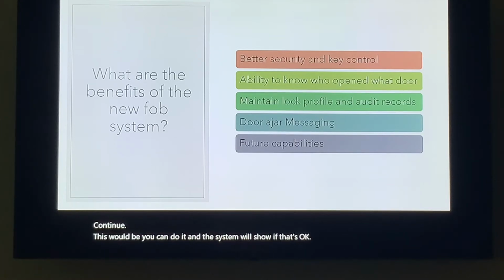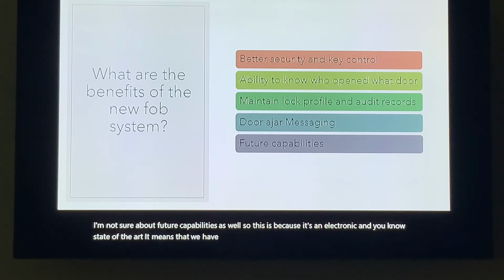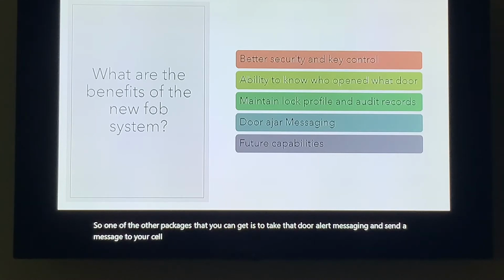I'm not sure what we mean by future capabilities. Well, because it's electronic and state of the art, it means that we have the opportunity to attach different programming to this. One of the other packages that you can get is to take that door alert messaging and send a message to your cell phone: Hi, you've walked out of your apartment and forgotten to shut your door.